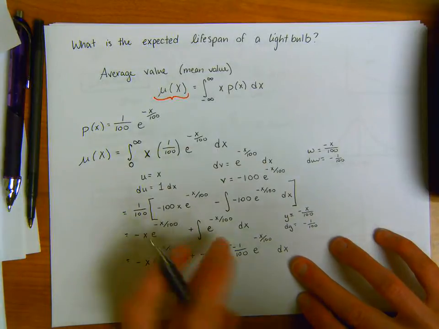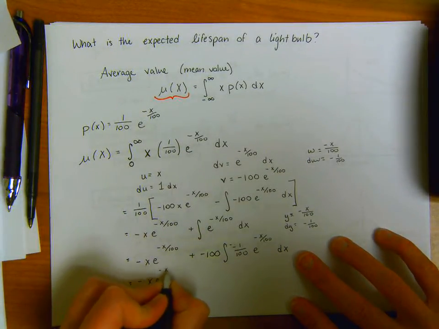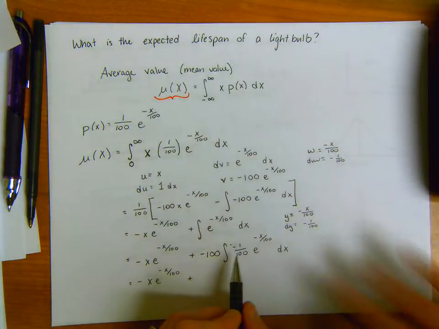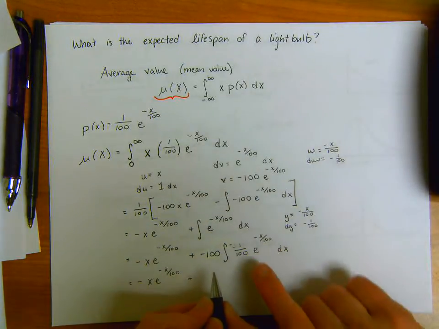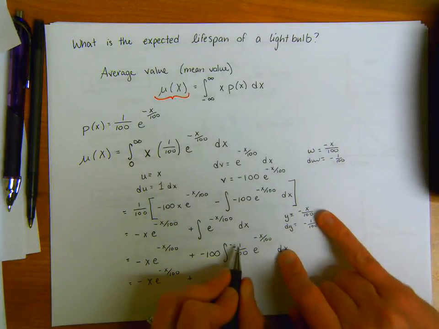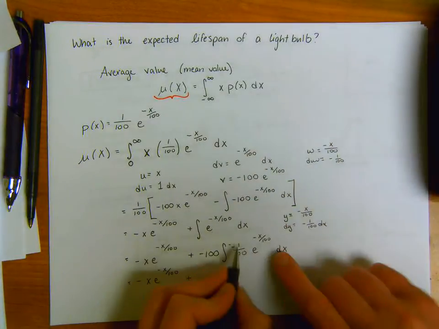Now that I've plugged in that u substitution, I can do my u. This becomes my, I guess, y in this case, my dy, dx.